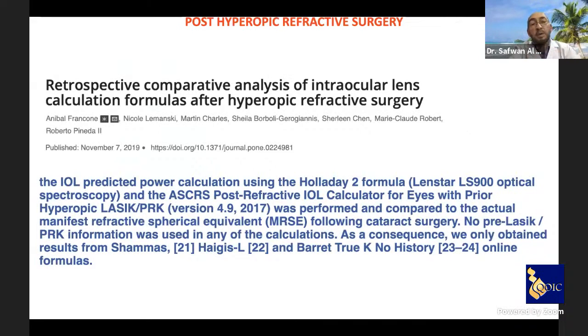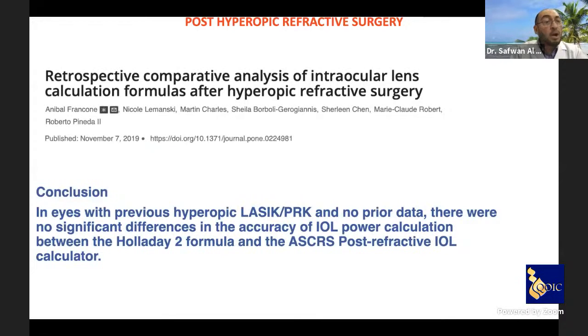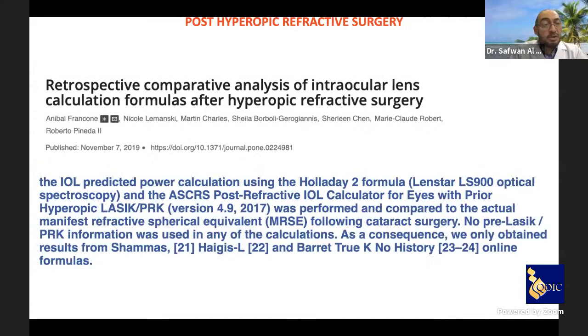Now, one study on post-hyperopic refractive surgery shows that the predicted IOL power calculation using the Holladay 2 formula, LENSTAR, and the ASCRS post-refractive calculator, a comparison between the Holladay 2 formula and the ASCRS post-refractive IOL calculator for eyes with prior hyperopic LASIK or PRK, was performed and compared to the actual manifest refractive spherical equivalent following cataract surgery.